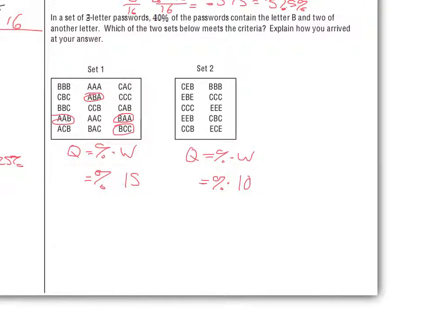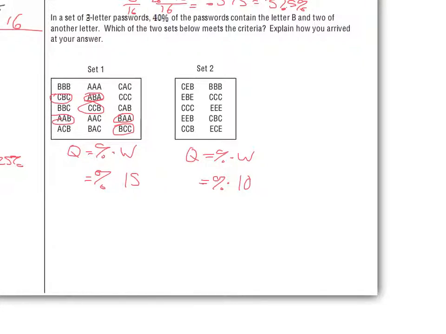AAB counts, CBC counts, and I know that CCB should also count. Any other? Okay, 3 B's, 2 B's, 1 B but no double letter, no B's, 1 B but no double letter.